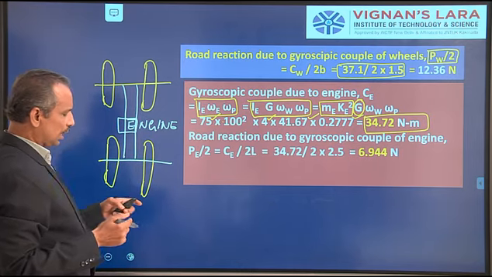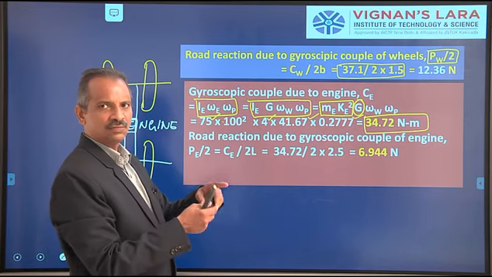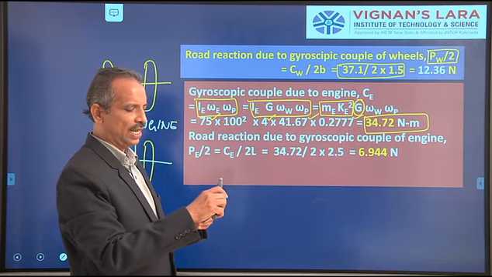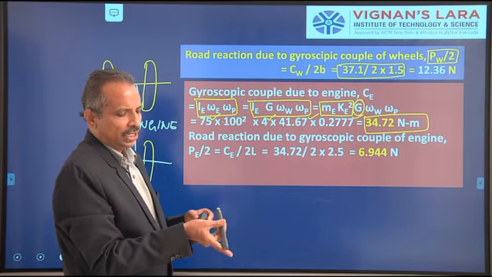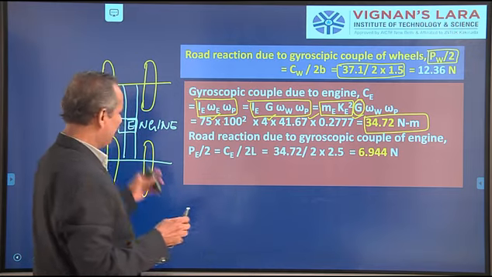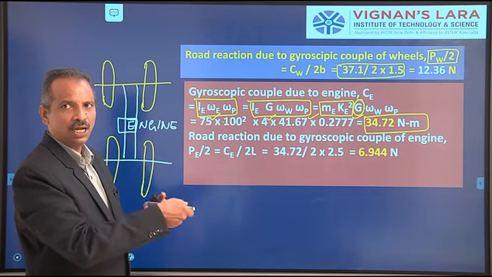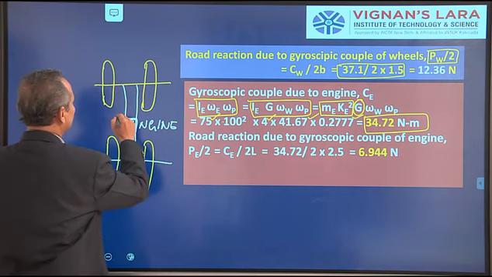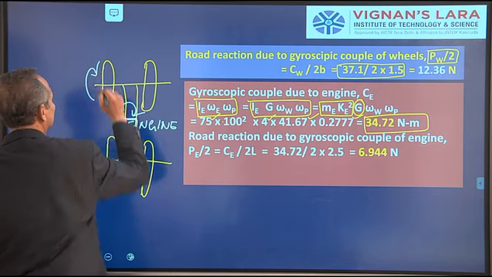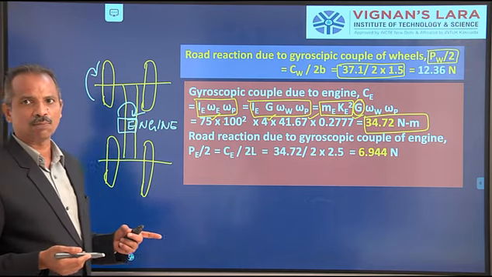So you can imagine here, the wheel is revolving like this. In the previous problem which we solved in the previous class, the engine was also rotating in the same direction, both in the same direction. But here the wheel is revolving in this plane, but the engine is revolving in the other plane. The wheel direction is in one plane and the engine direction is in the other plane.